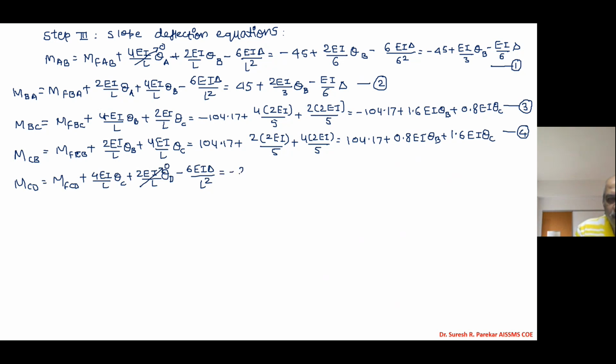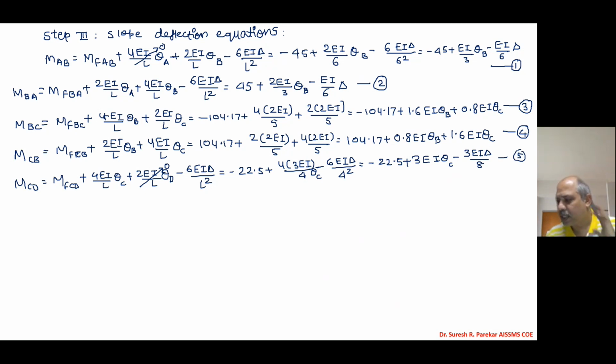So we have minus 22.5 plus 4 in bracket 3 EI upon 4 minus 6 EI delta upon 4. And we will get minus 22.5 plus 3 EI theta C minus 3 EI delta upon 8, which is equation number 5.